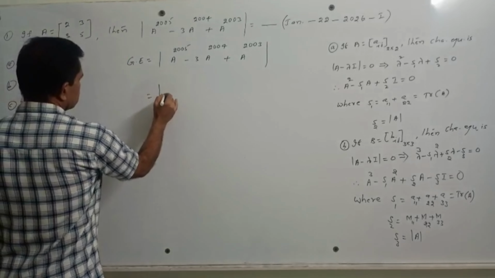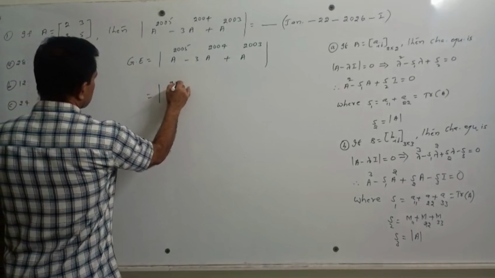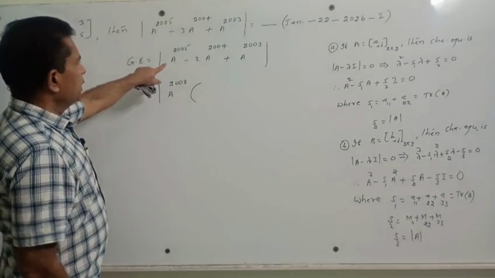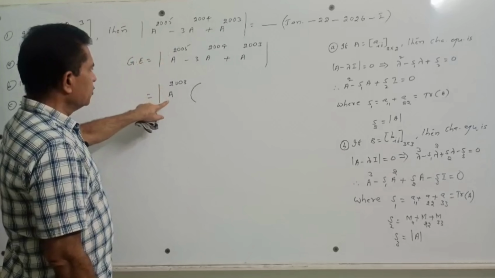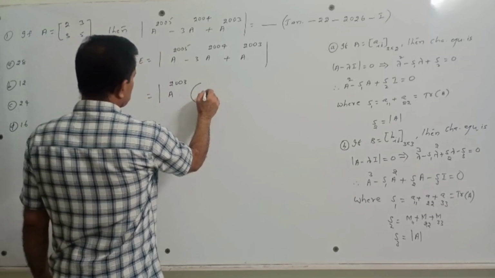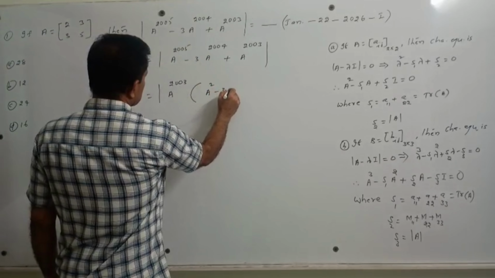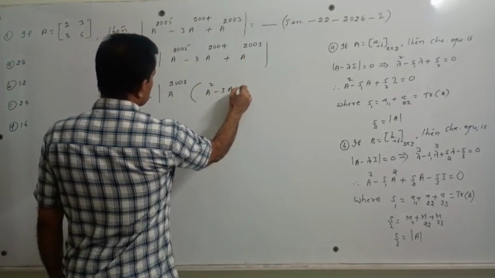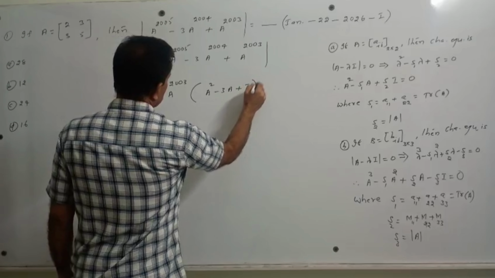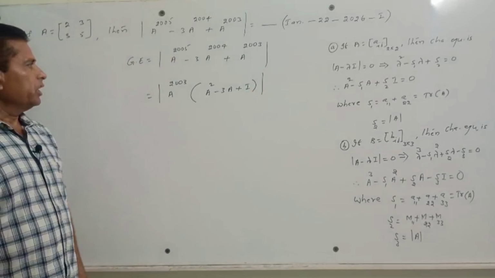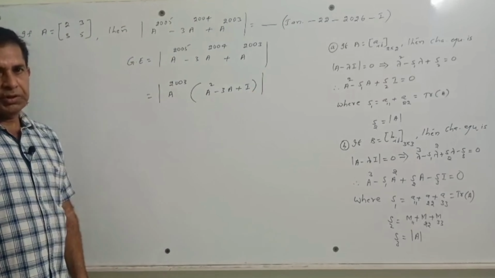Taking A to the power of 2003 common, here A square is left over. Next minus 3 into A left over. That last element will become capital I. So after taking common, this is the expression.